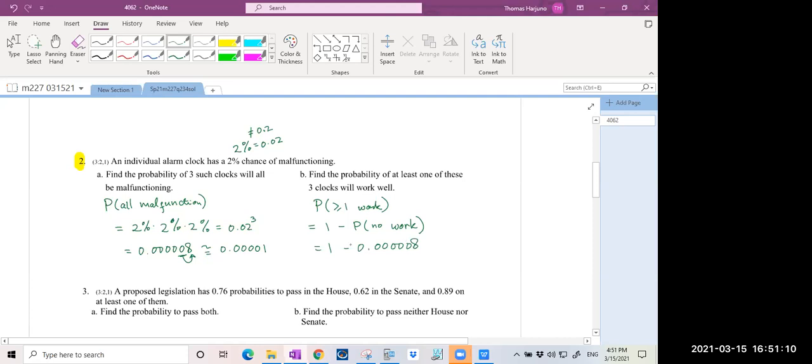That's something we already get from part A. Now this is 0.999992. Or if you round it to 5 decimal places earlier, that's fine. I know where you get that number. Then your final answer will be 0.99999.